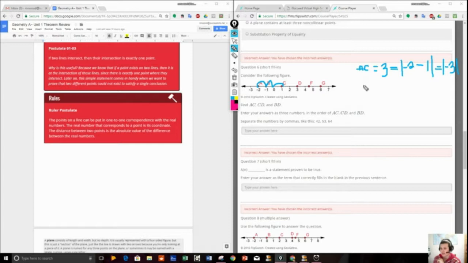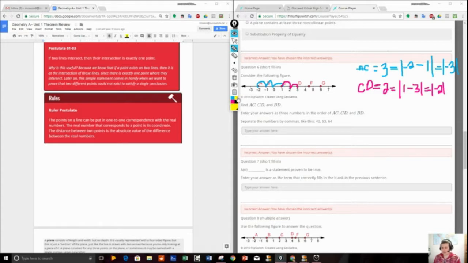Now CD, we can count it as well, 1, 2, and again we could use the formula, which is the absolute value of our first coordinate, which was 1 on this number line, minus 3. So 1 minus 3 is -2, and the absolute value of -2 is 2.